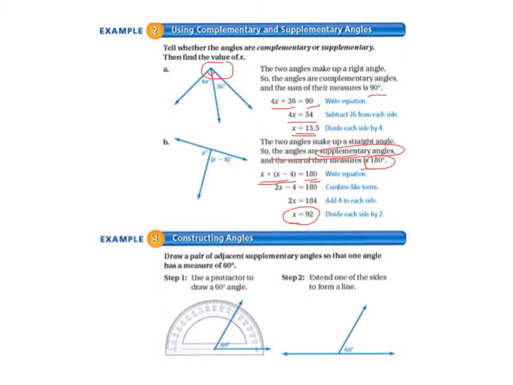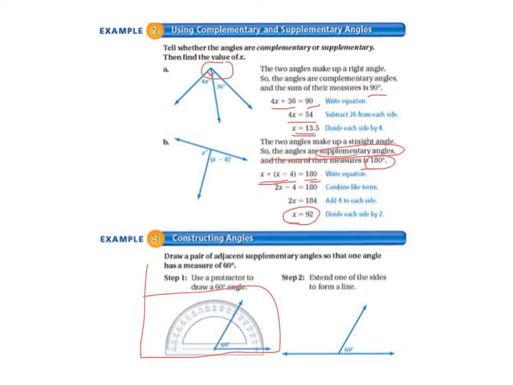Example 3, constructing angles. We draw a pair of adjacent supplementary angles so that one angle has a measure of 60 degrees. Use a protractor to draw a 60-degree angle. It's a good idea if you do this in your math notebook so that you get some practice using your protractor to draw an angle.